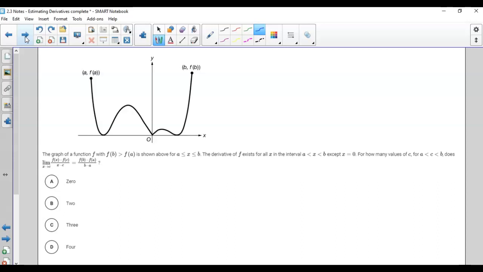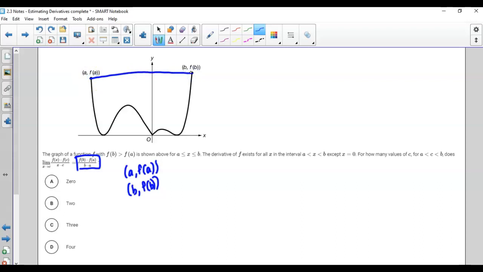I think these are a little bit confusing because of the notation used here. So f of b minus f of a over b minus a is our slope formula, and this is the slope between the points (a, f of a) and (b, f of b).